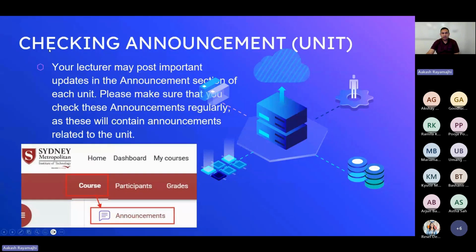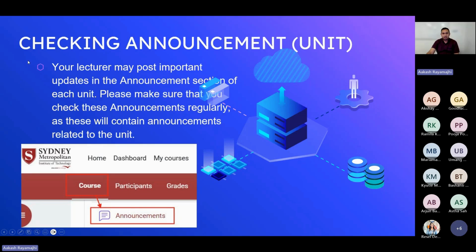Next one is finding the announcements in your Moodle unit itself. Sometimes your lecturer might make an announcement in Moodle. For example, if your class is cancelled, or if your lecturer is running late, or if the quiz or assignment is due, or anything that has to be passed on to the class members and the lecturers only. Those kinds of announcements are made inside the unit.